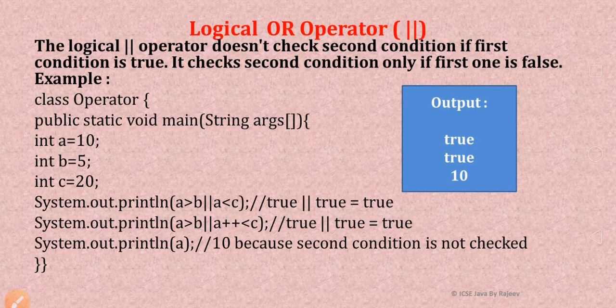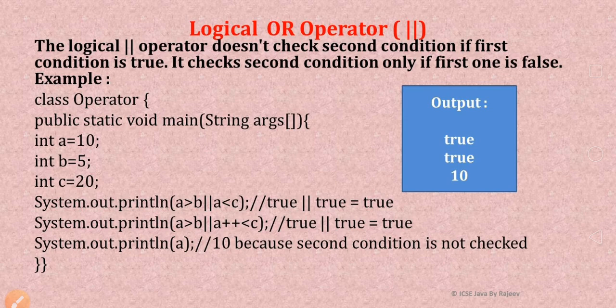So the final outcome will be true. Let's see an example. A equal to 10, B equal to 5, C equal to 20. A greater than B, 10 greater than 5, true. So as it is already true, internally it will not check for A less than C. So the final outcome will be true.